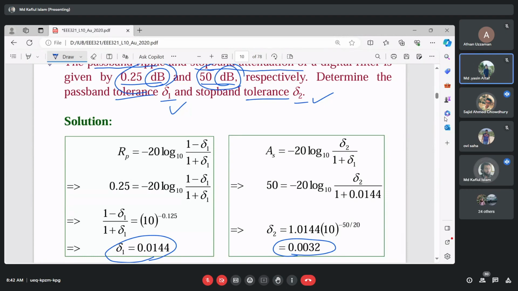Yes, sir. One of the reasons why we take the decibel: in log scale, you can make a very high value into a very low value, something that is acceptable.